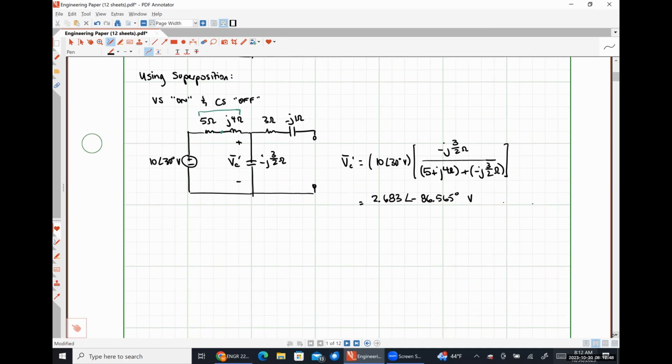So now let's work the problem with the voltage source off and the current source on. With the voltage source off, our voltage source is just a short circuit. We're still going to have our 5 and our j4 ohms like so.